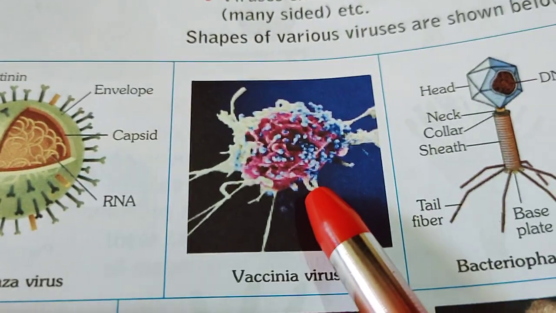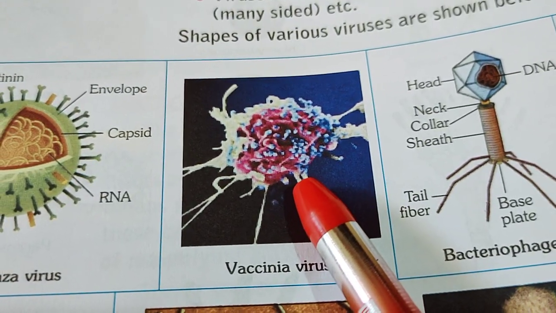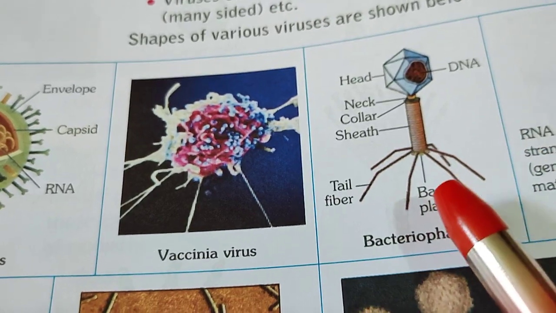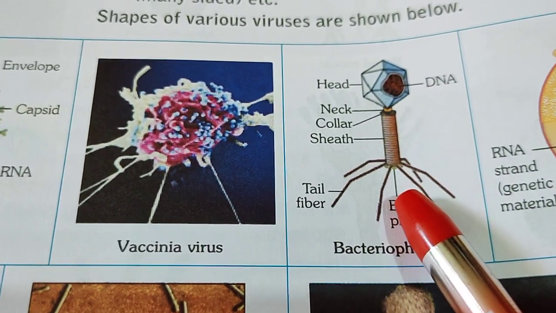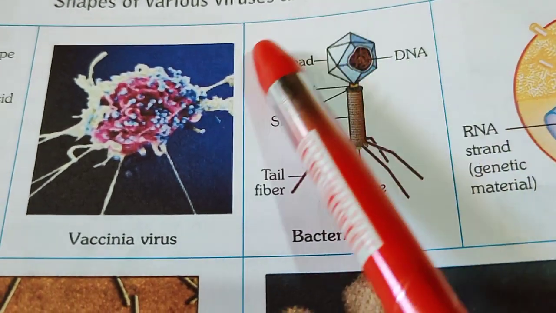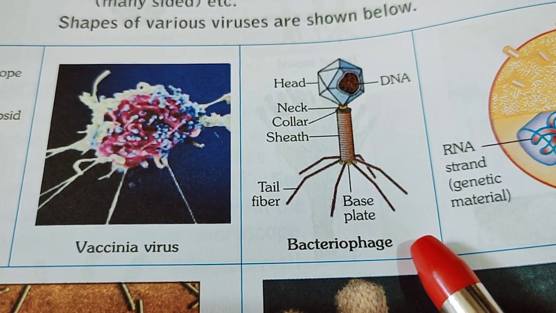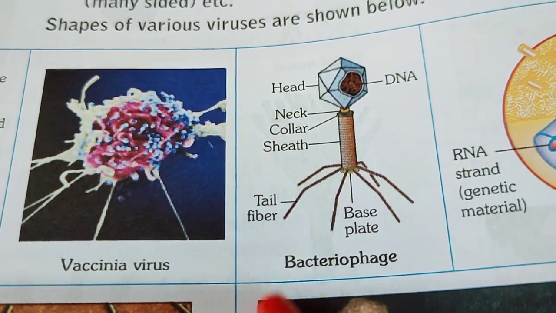Next is the image showing vaccinia virus. Third one is the structure of bacteriophage. Please try to draw bacteriophage in your CW copy.